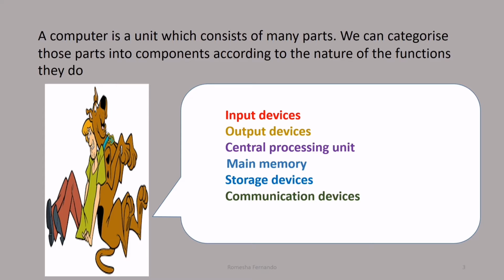We can categorize those parts into components according to the nature of the functions they do, such as input devices, output devices, central processing unit, main memory, storage devices, and communication devices.